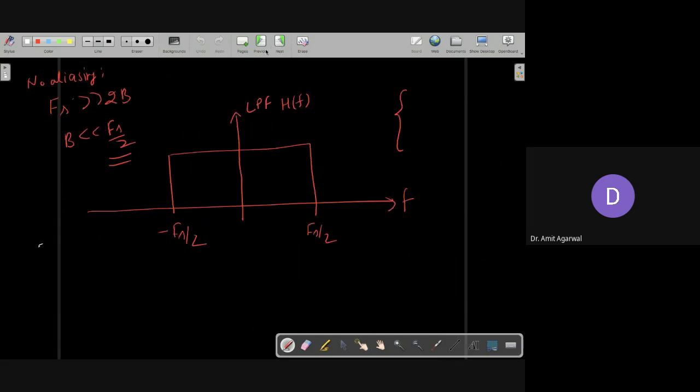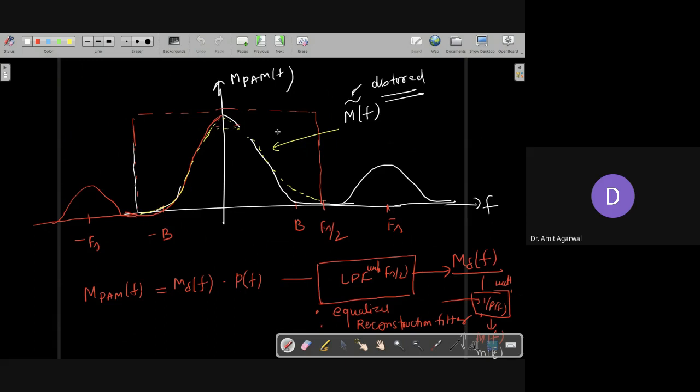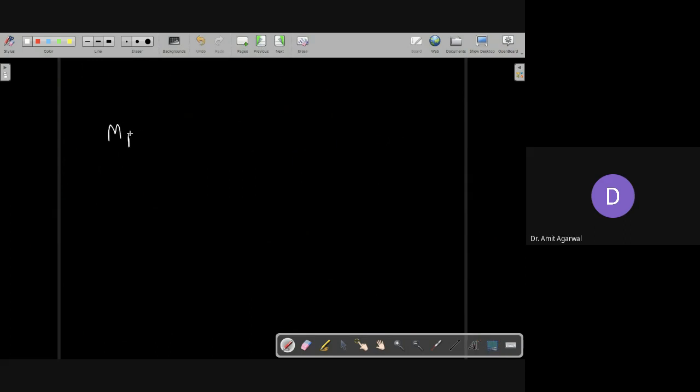But if you use the rectangular function, which I have explained to you, if you are using a PAM signal, or you have sampled your signal using rectangular pulses, then first you put a low pass filter, but since this is distorted, what you can do, just see the formula. M PAM(f) is M delta(f) multiplied with P(f).